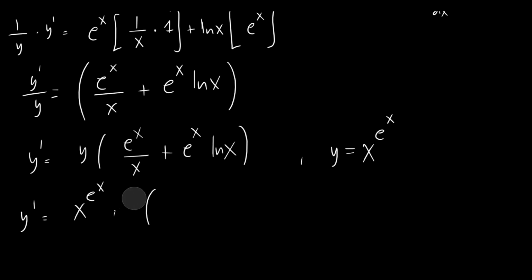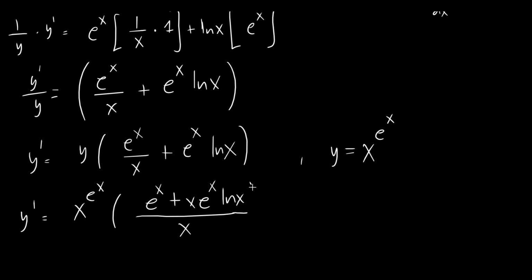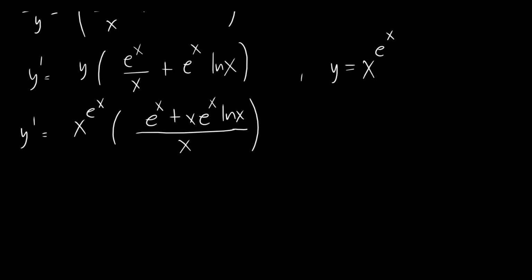So we'll simply combine these two terms inside first. We have e^x plus x e^x ln x, all over x. Now we simplify by factoring out e^x, so we have 1 plus x ln x.